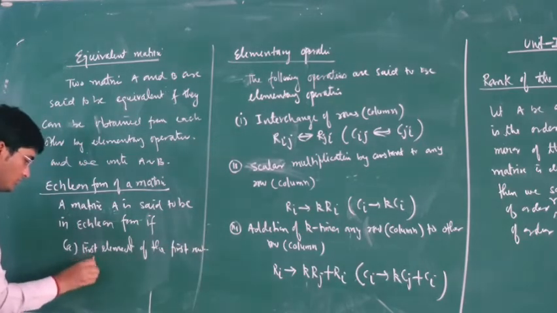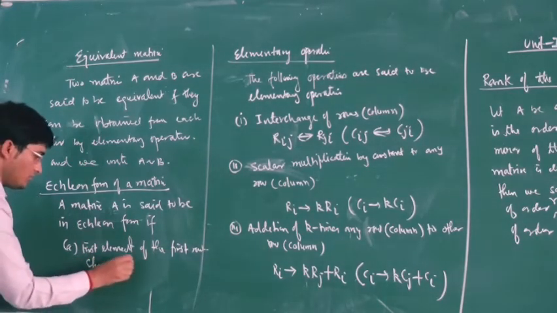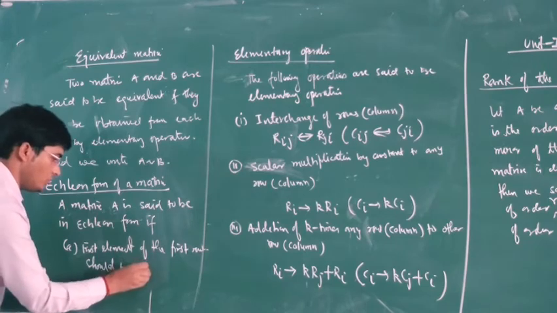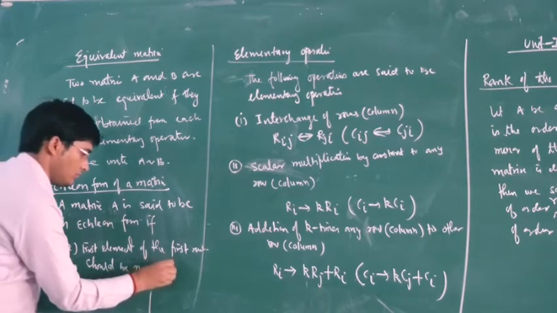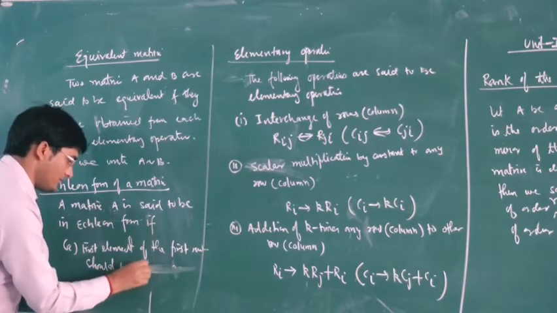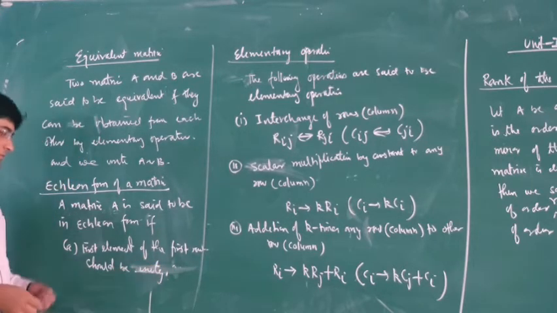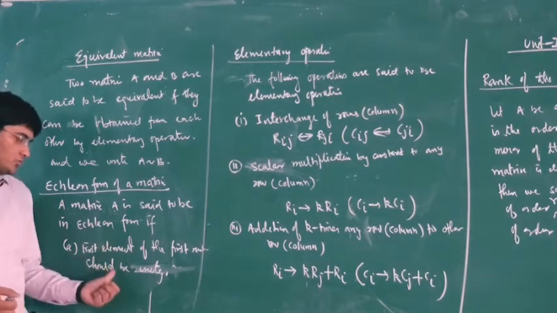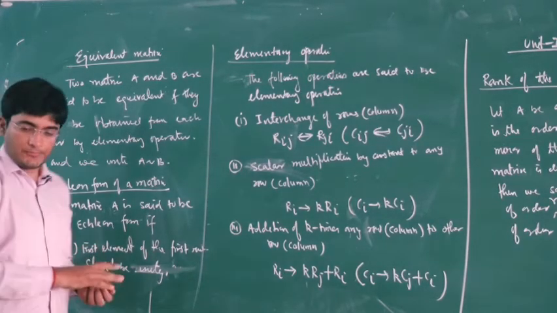So the first element of the first row should be unity, that is 1.